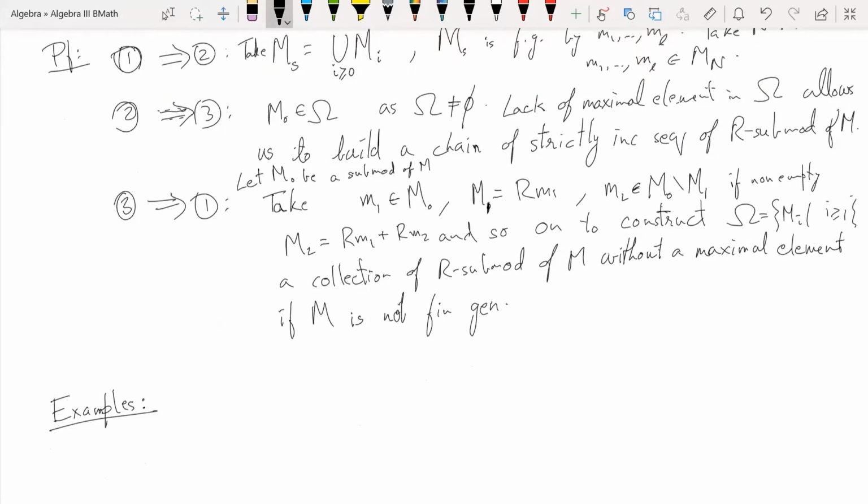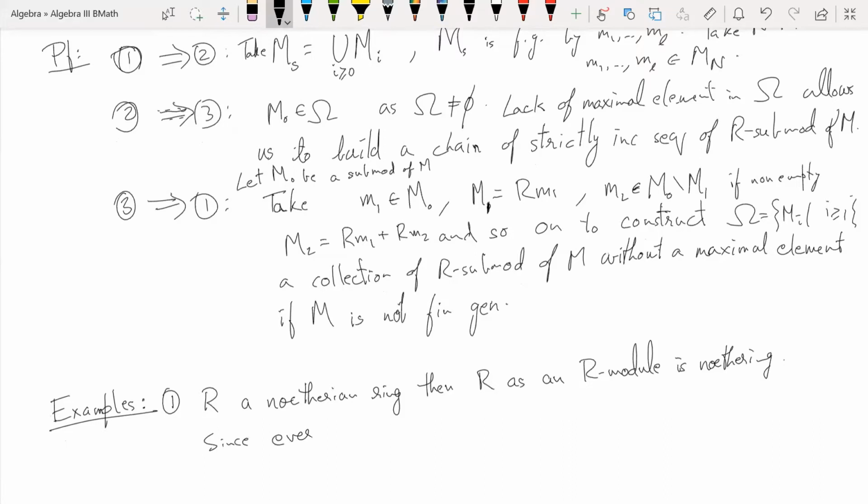So what are some examples of Noetherian modules? First observation: if R is a Noetherian ring, then R as an R-module is Noetherian, since every submodule of R is an ideal, and if R is Noetherian, every ideal is finitely generated, so it satisfies 1.